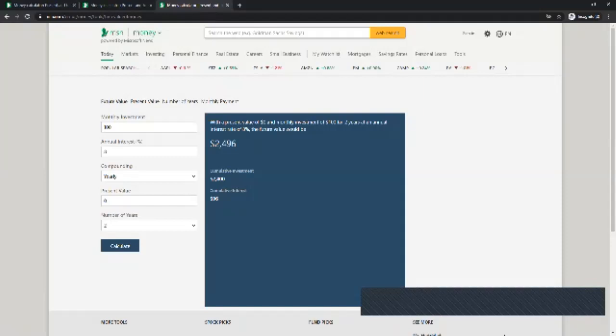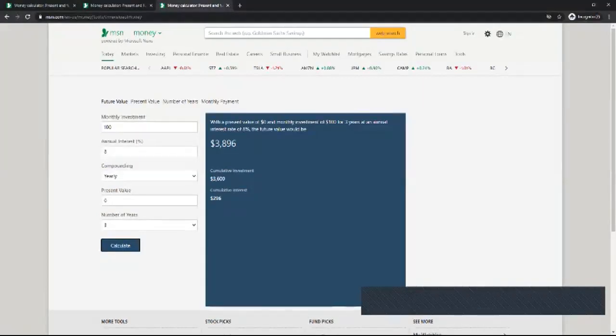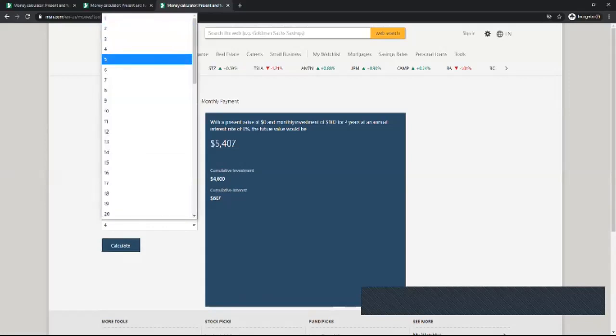So let's say you do this for 3 years. You can see that the cumulative interest keeps going up. The longer you invest, the more the cumulative interest.